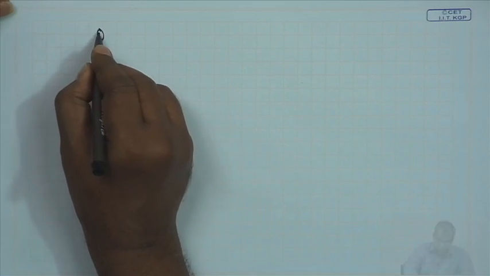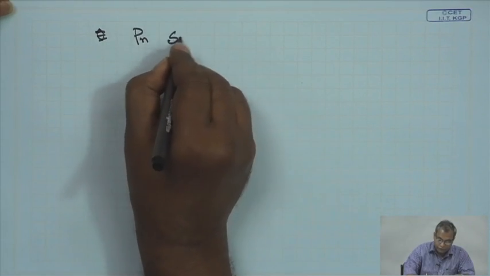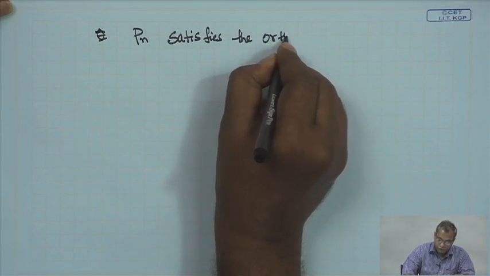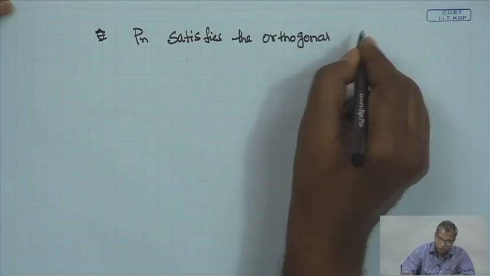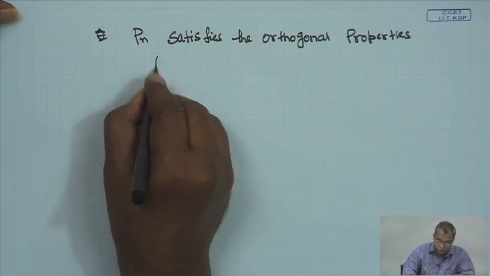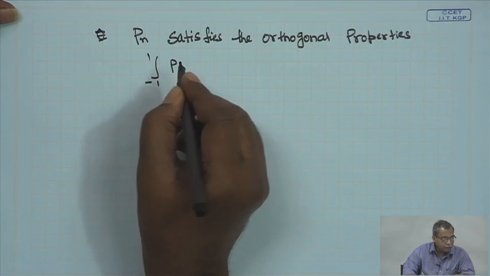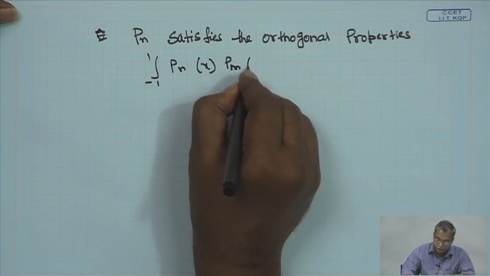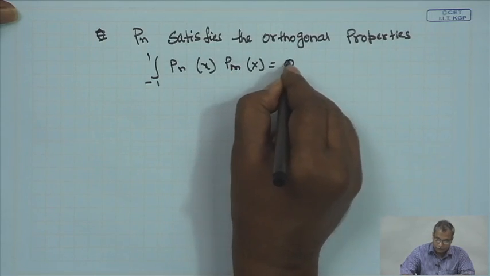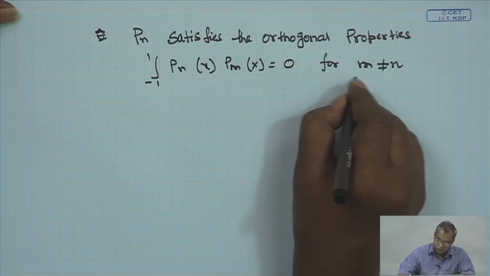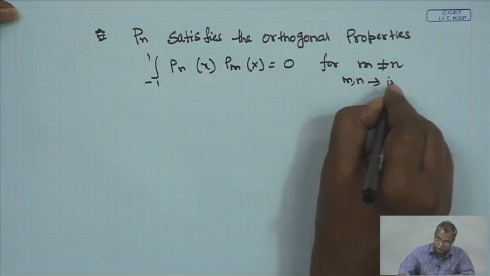Pn, the Legendre polynomial, satisfies the orthogonal property, that is, the integral from minus 1 to plus 1 of Pn x and Pm x will be equal to 0 for m not equal to n, where both m and n are integers.